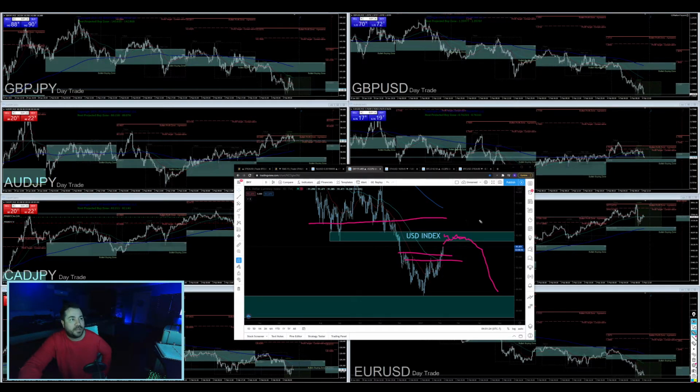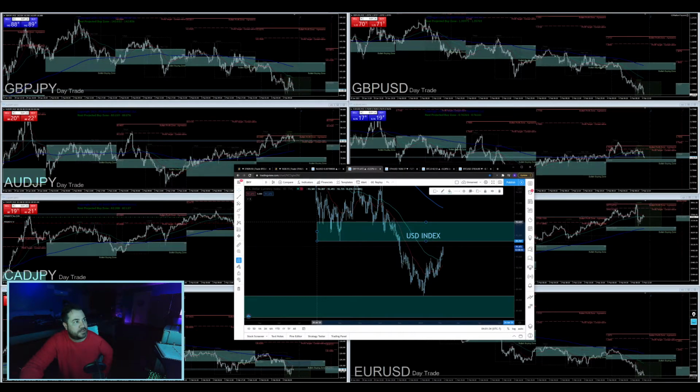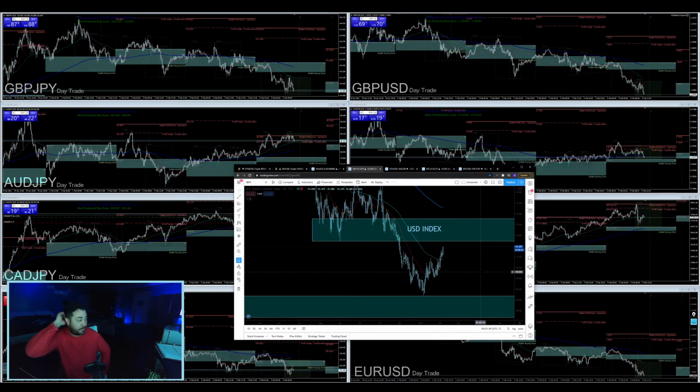I mean, it can go as high as it wants to, but this is the entire zone right here. So yeah, we can go kind of deeper into that and still be in an overall bearish position. So that's what I'm watching for.